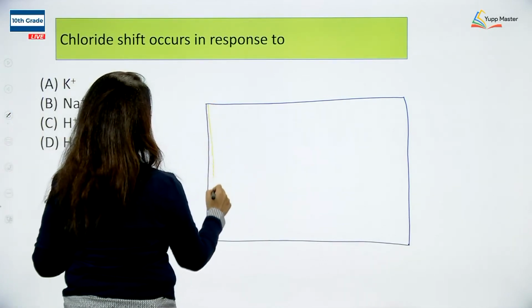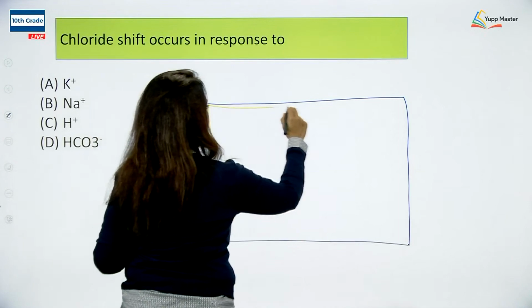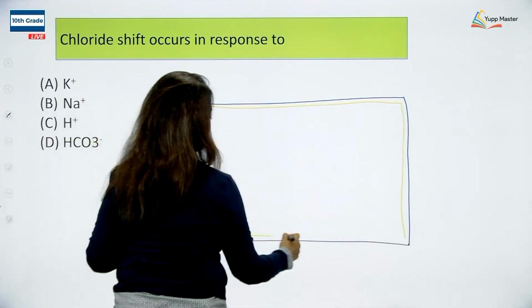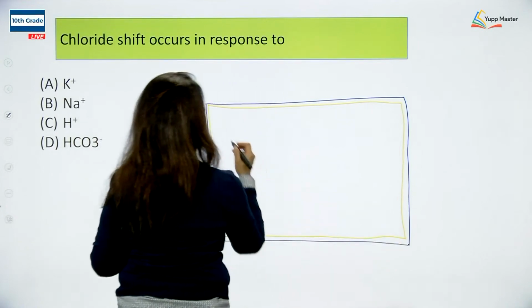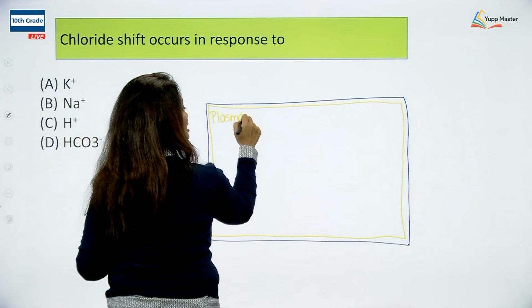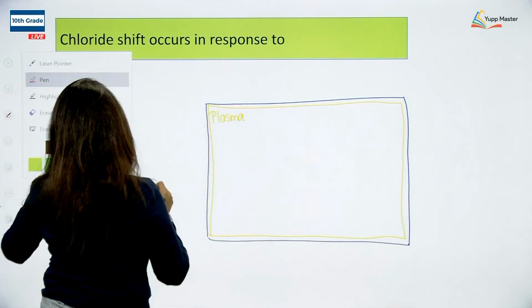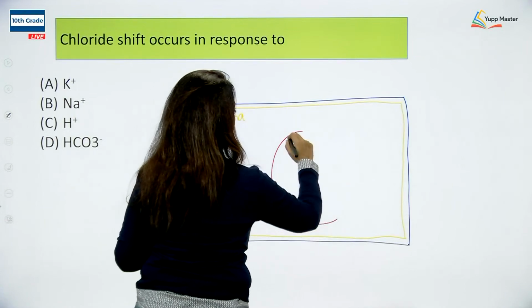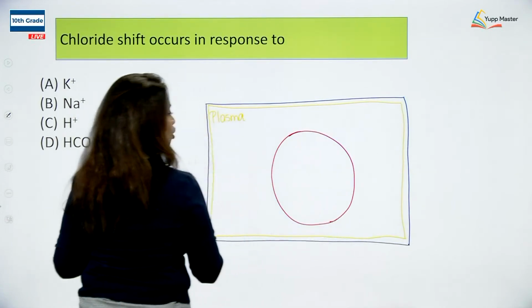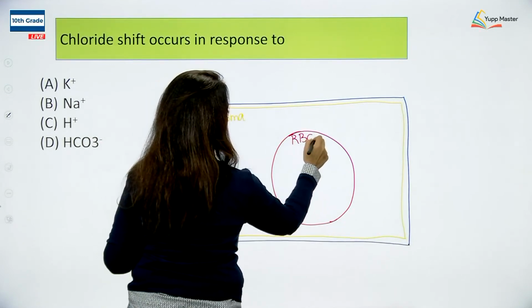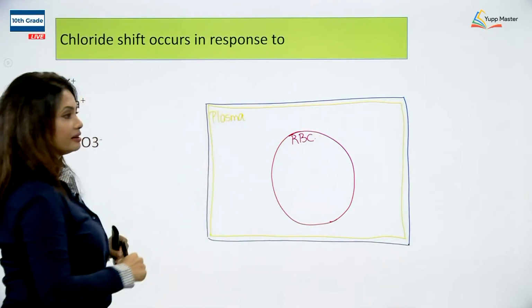Outside, the liquid part of blood, I am drawing as a straw colored or slightly yellow colored fluid, because that is actually the color that plasma is. What is plasma? Plasma is the liquid part of blood. Now in the middle I am going to draw one huge RBC so that we can know what all things are happening inside this RBC. So there is the plasma and then there is the RBC.